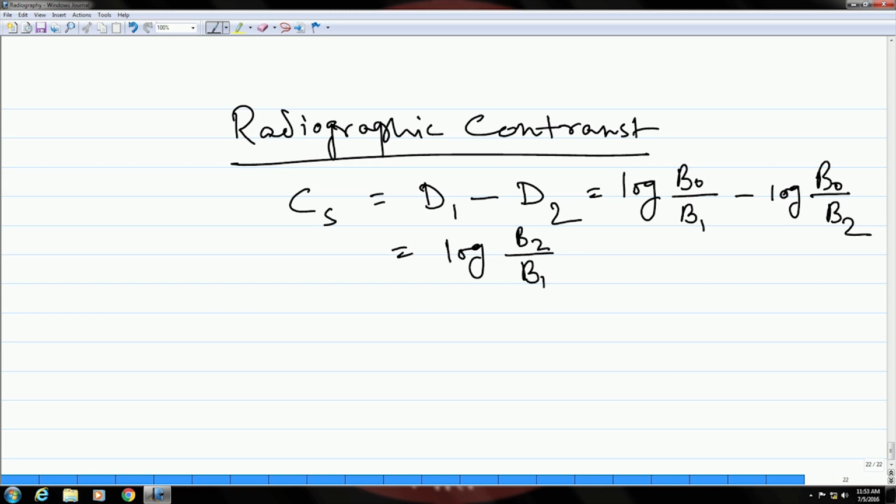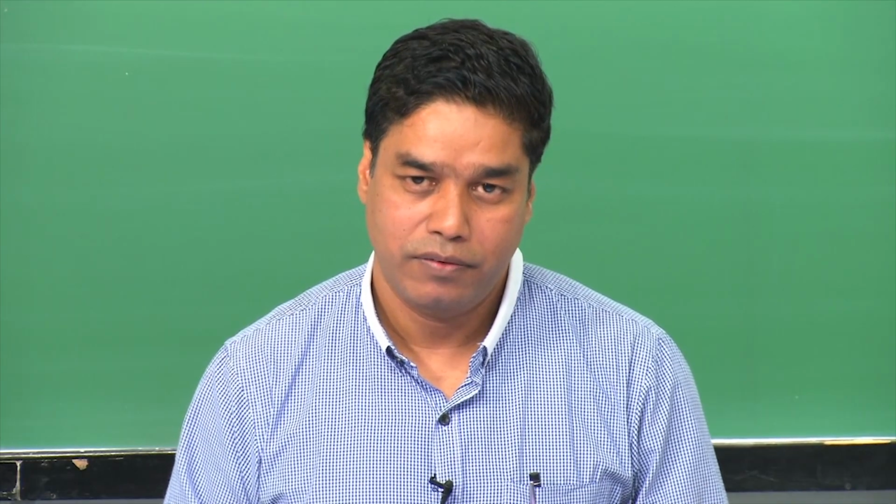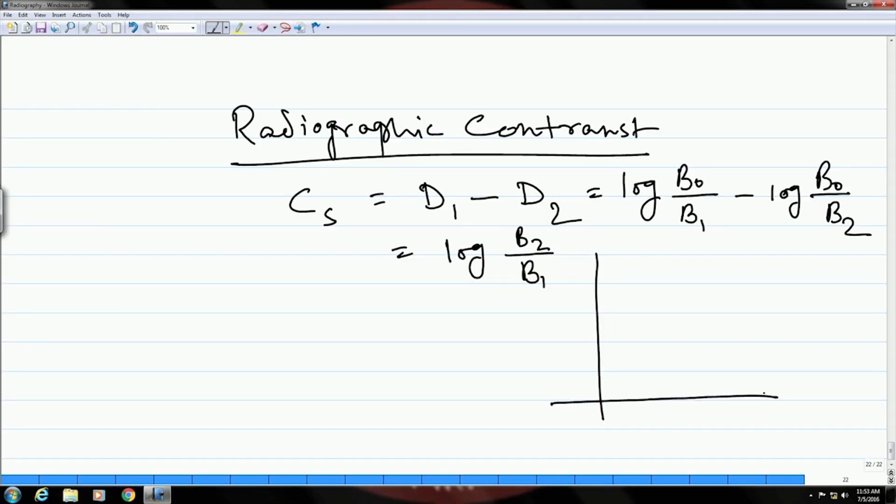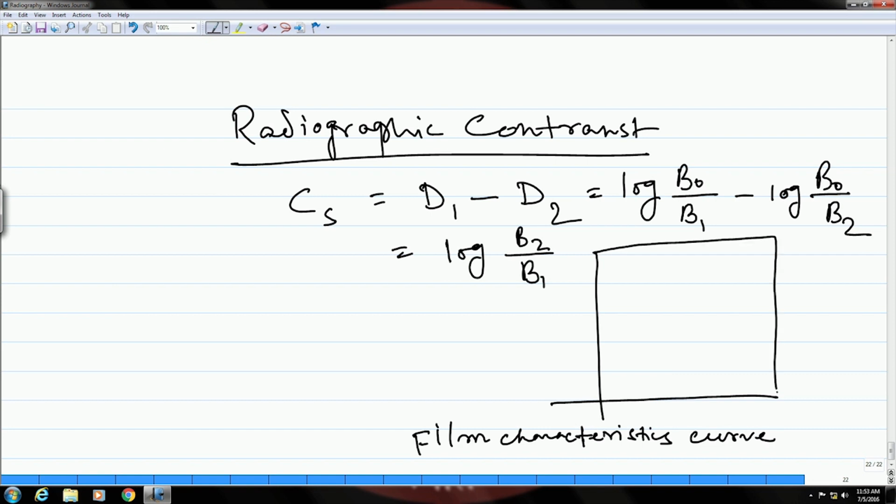Now, the most important thing for the film is this curve, which is known as a film characteristic curve, which shows you the relationship between the photographic density and the exposure.